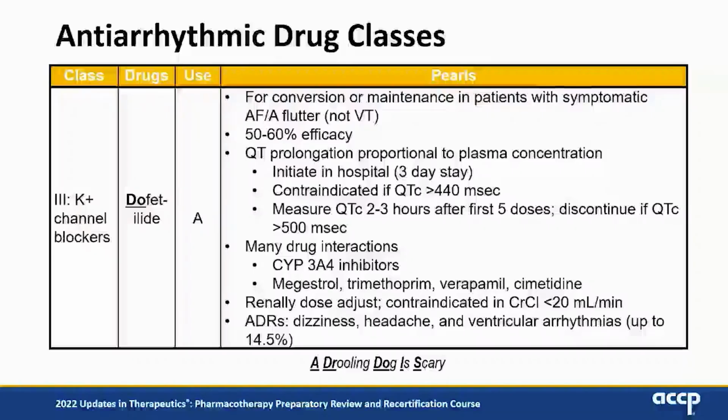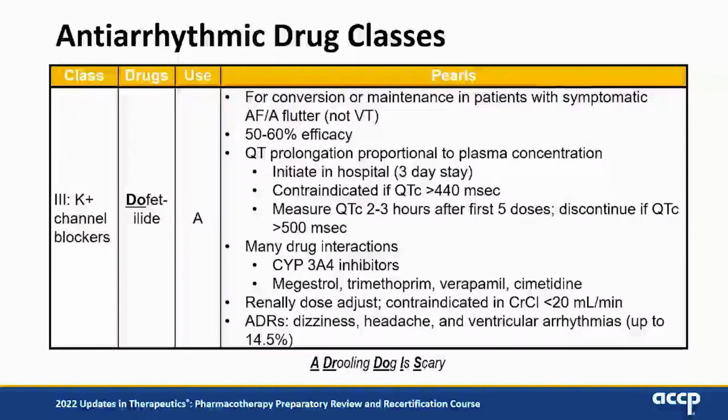And we check the QT interval, the QTc interval, 2 or 3 hours after the first 5 doses. And we make dose adjustments, or sometimes we have to discontinue therapy, based on how much longer the QTc interval gets with the use of dofetilide. So it's contraindicated if the baseline QTc is more than 440, and if at any point it exceeds 500, the recommendation is to stop the drug.